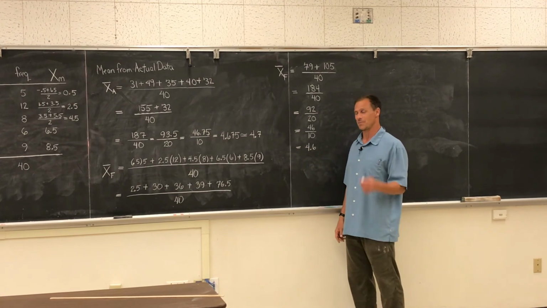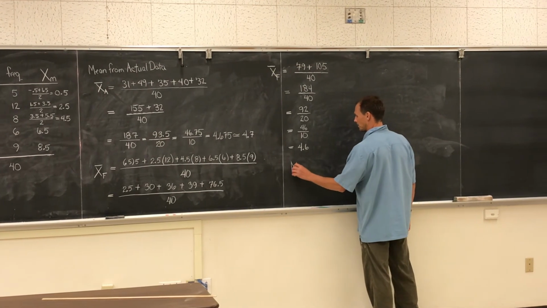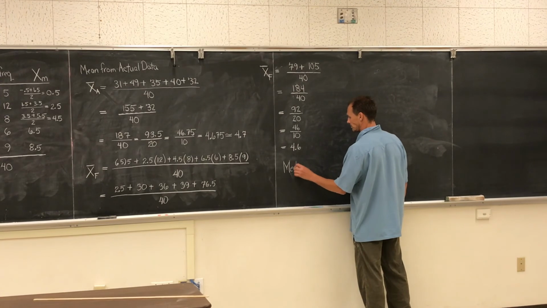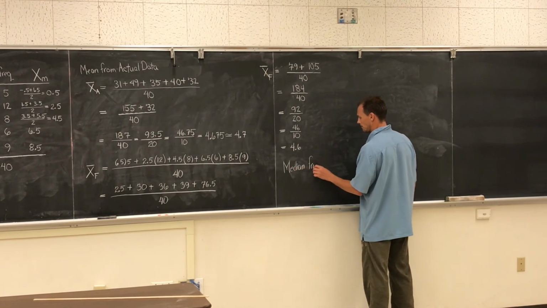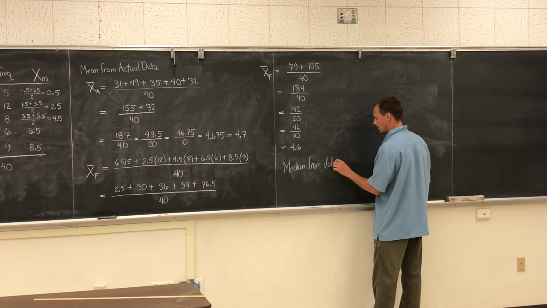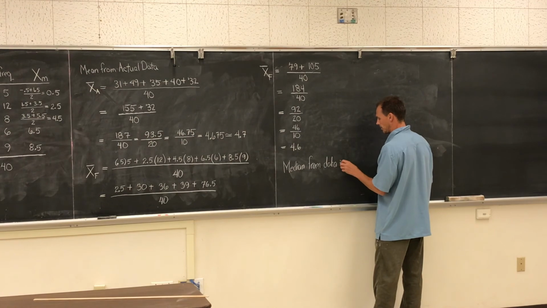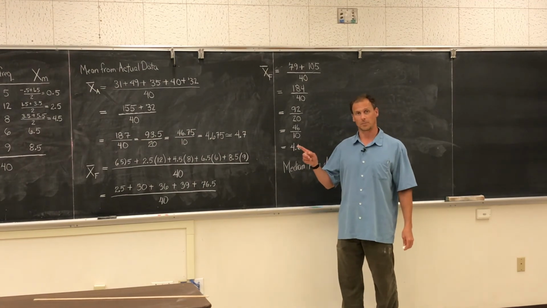The next one is the median. So the median from data is, now, I think the easiest way to do this is to use your dot plot.